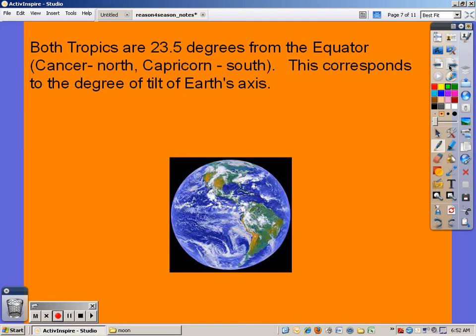And once again, both tropics are 23.5 degrees from the equator. Cancer north, Capricorn south. This corresponds to the degree of tilt of the Earth's axis. And that's what we've been showing you.